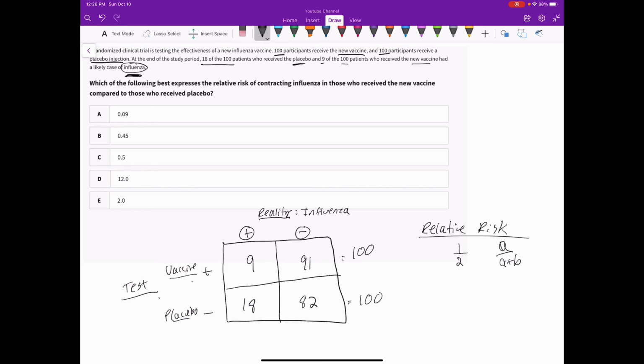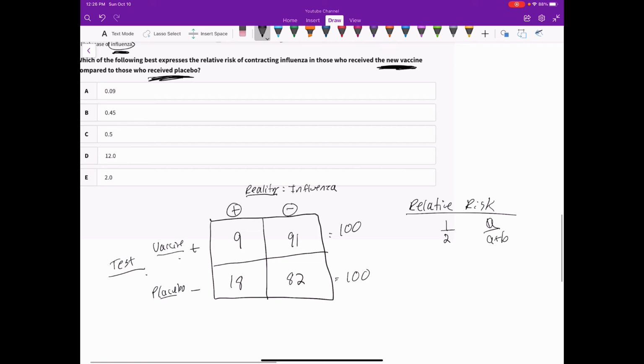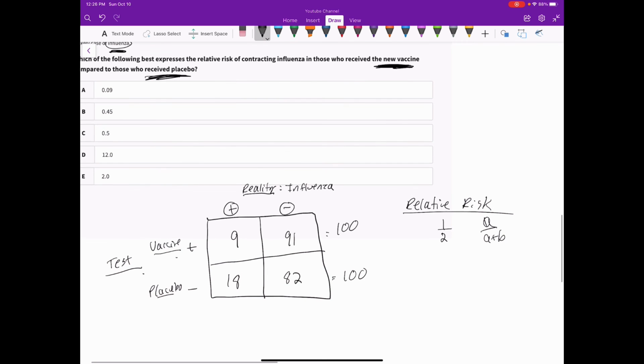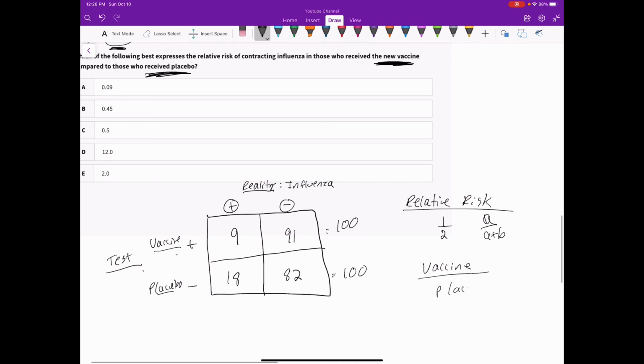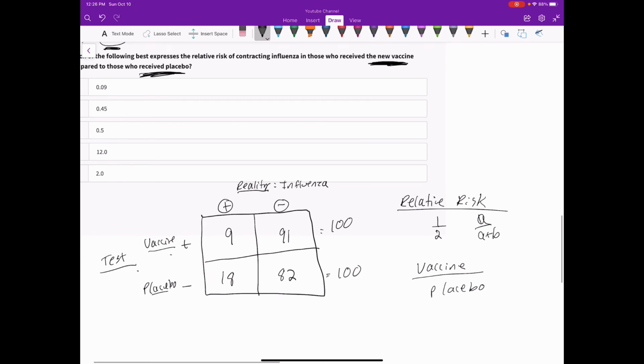Okay. Now, the question: which of the following best expresses the relative risk of contracting influenza in those who received the new vaccine compared to those who received the placebo? So it's going to be vaccine to placebo. So how are we going to know what's on top or on bottom? Well, just read it from left to right. Vaccine first, vaccine on top, because they said received the vaccine, over placebo on the bottom, because they said compared to.